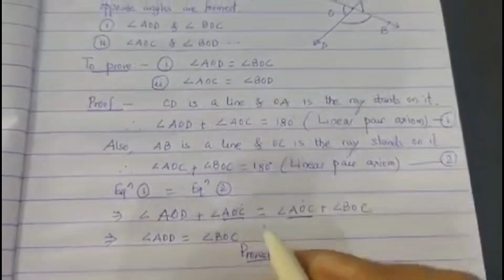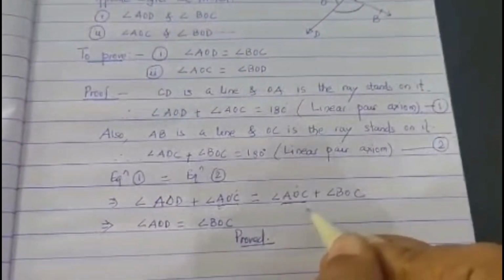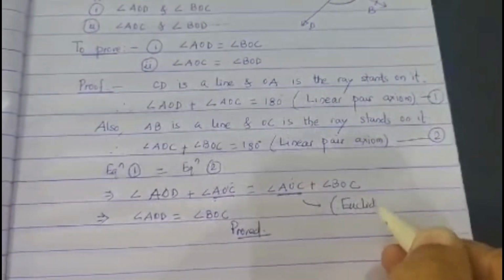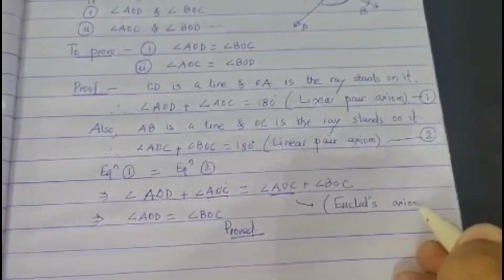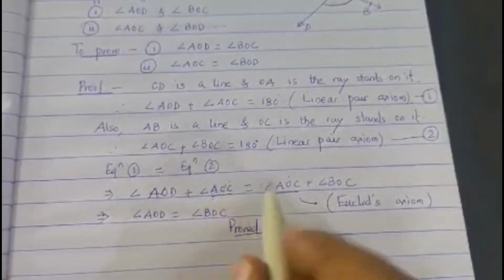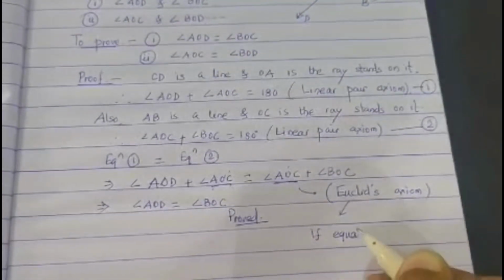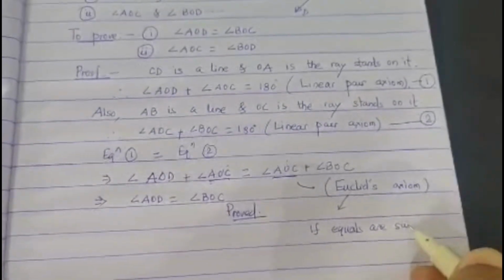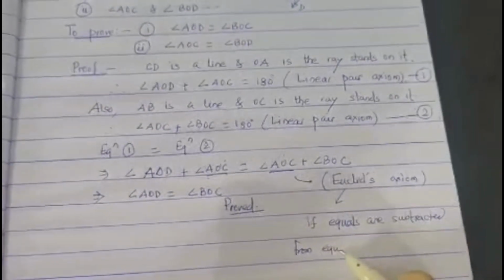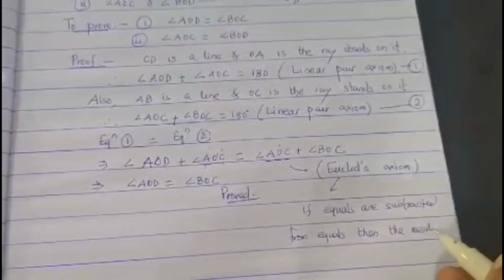But if you directly remove it, then under this chapter you have to write the axiom. What was the axiom? Euclid's axiom, that if equals are subtracted from equals, then the resultant is also equal.